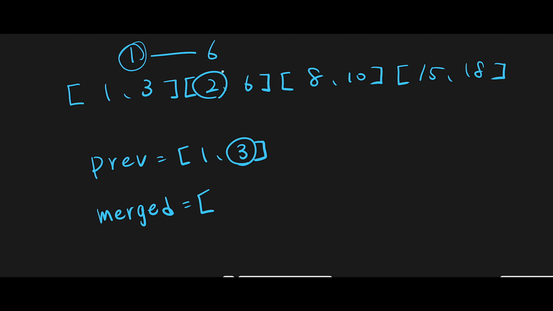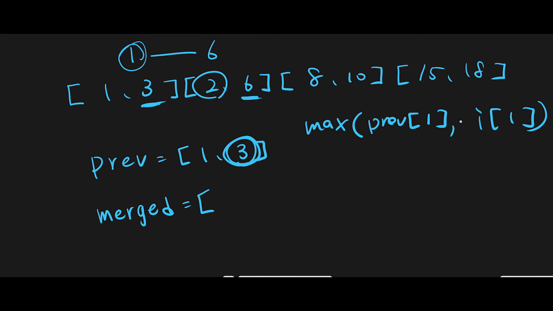So we take the later time between 3 and 6, comparing the max of prev index 1, this number, versus the current interval's index 1.